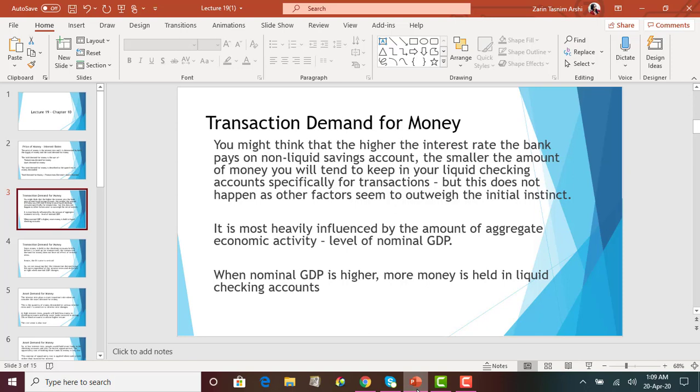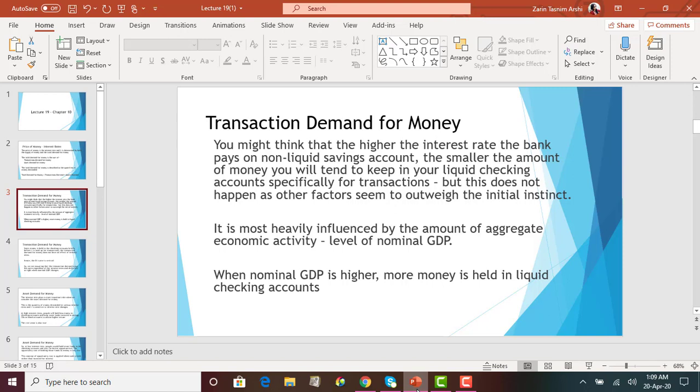So let's start with the transaction demand for money. Transaction demand for money is the money that we demand as individuals, as consumers, in order to spend in our day-to-day activities, or to buy goods that are required for our daily needs.